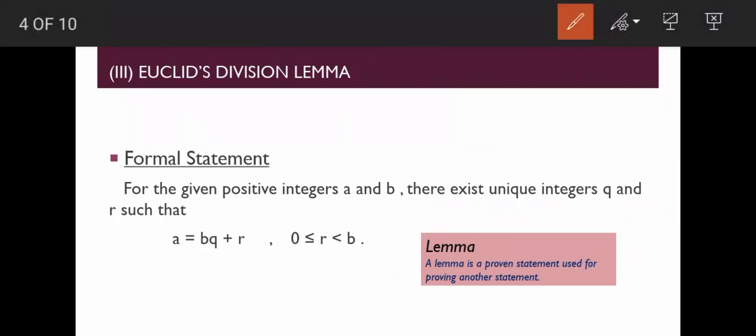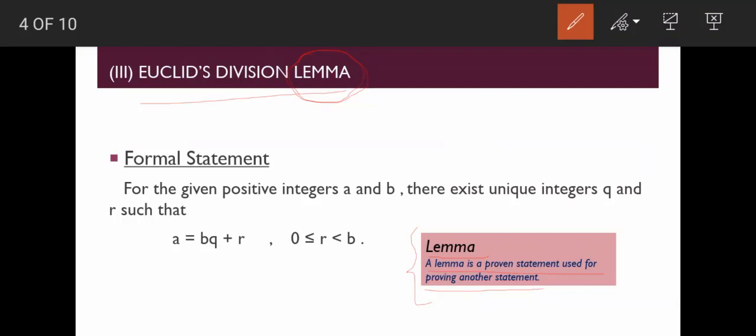The next thing that we need to know is Euclid's division lemma. Before getting into the concept of Euclid's division lemma, we need to know what a lemma is. A lemma is a proven statement used for proving another statement.